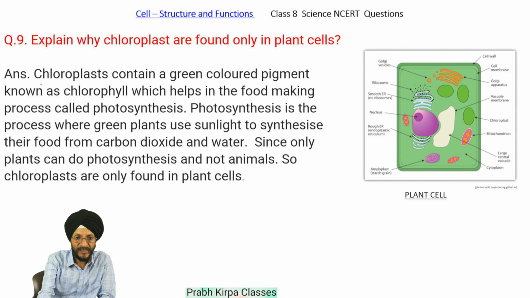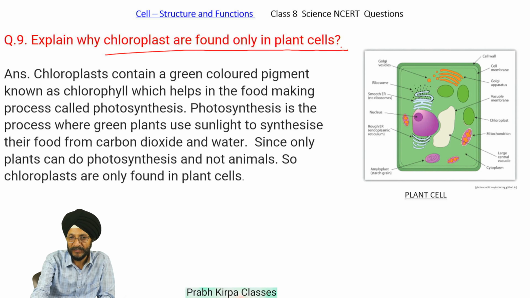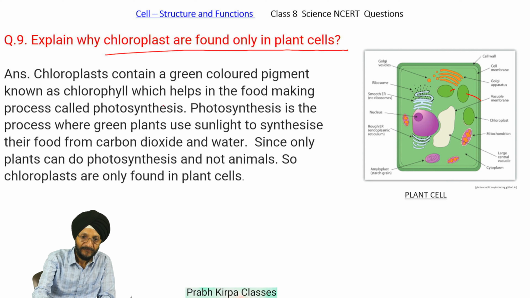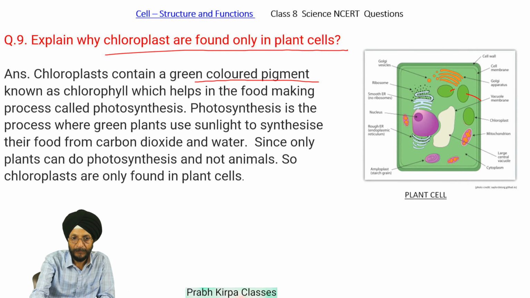Now, question number 9. Explain why chloroplasts are found only in plant cells. Here you can see in this picture, these are the chloroplasts which are found only in plant cells and not in animal cells. Now, the answer is chloroplasts contain a green colored pigment known as chlorophyll, which helps in the food making process called photosynthesis.